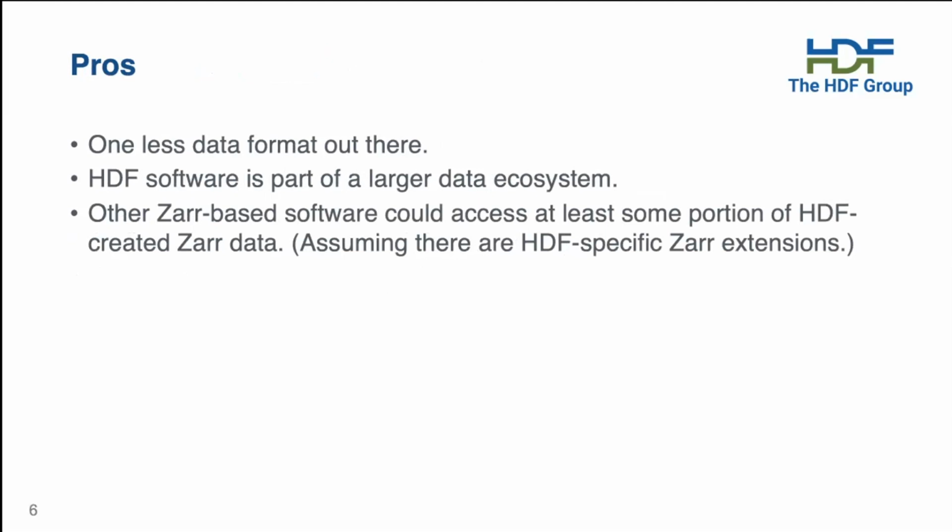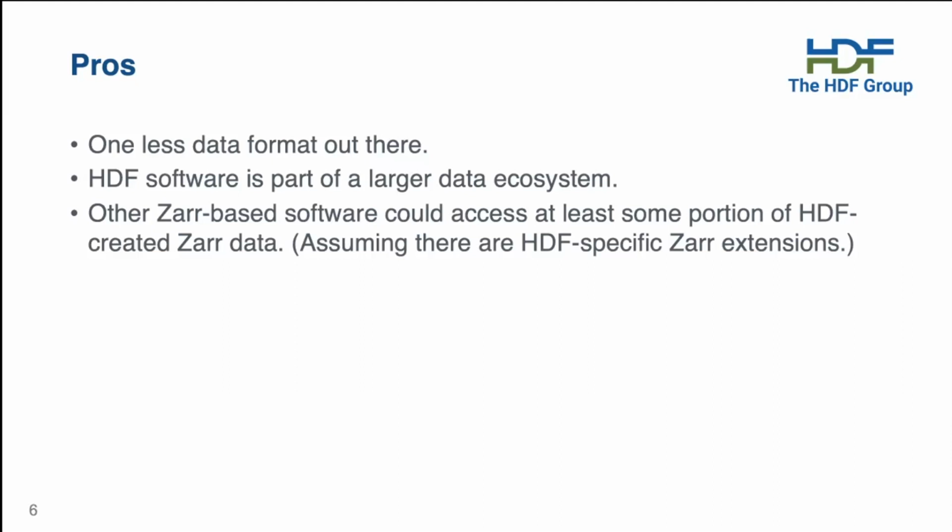This would also mean that HDF software would become a part of a larger data ecosystem. Right now, as far as I know, the HDF5 library only reads and creates HDF5 files. I have not heard of anyone writing an HDF5 reader for some other data format. So this would basically mean that HDF software would create Zarr and be able to read Zarr, which is obviously part of a larger ecosystem.